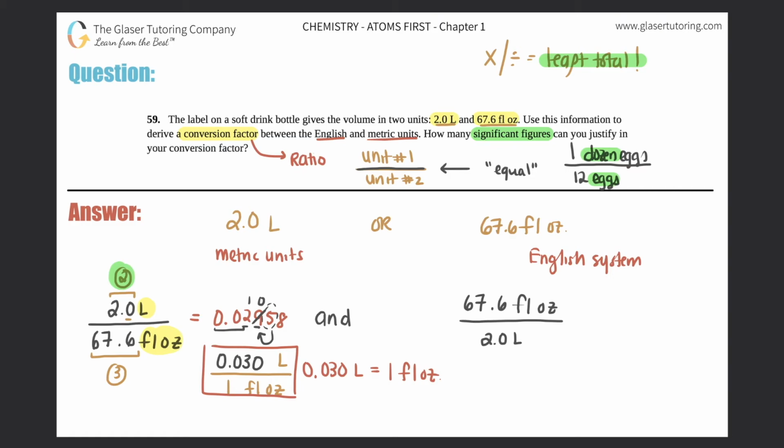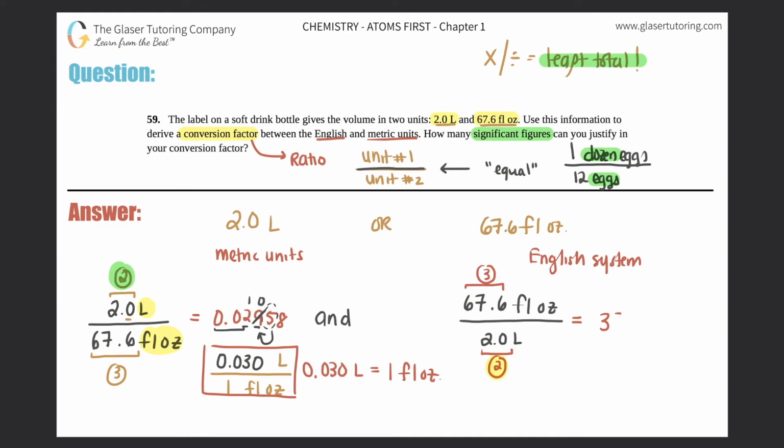Now, let's do the same thing for the second one that we wrote on the right-hand side. The sig fig rules are going to be exactly the same. There's 2 on the bottom here, and there's 3 up on top. We're dividing, so we need 2 sig figs, right? Because 2 is the lowest number out of the total. So 67.6 divided by 2.0 is 33.8.